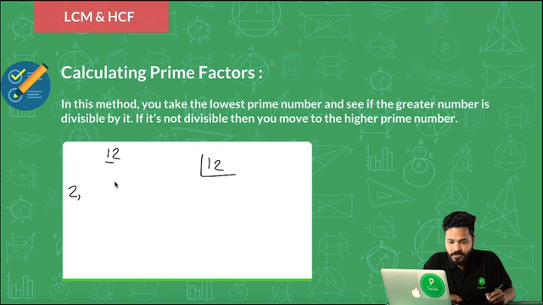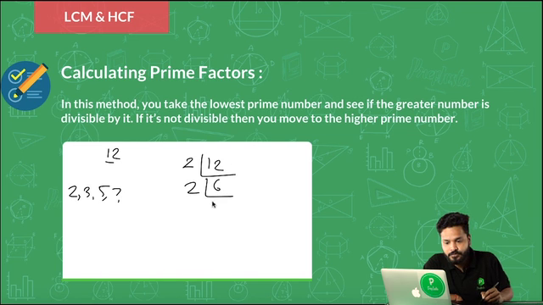If it is not divisible by 2, then I'll move to 3 and then 5 and 7 and so on. Let me start with 2 because 12 is divisible by 2. When I divide 12 by 2, I get 6. Again, I divide by 2, I get 3.